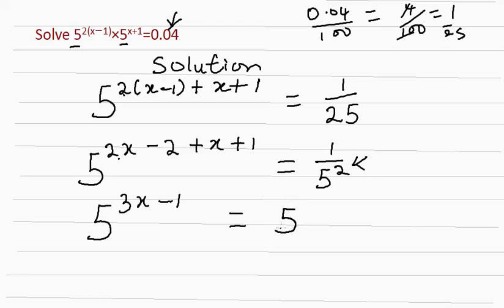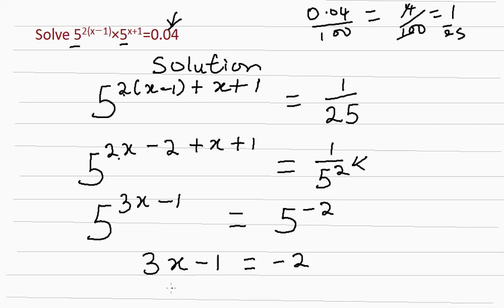If I reverse it, if I bring 5 up, the power becomes minus 2, 5 raised to the power minus 2. That way now, the base can cancel out. I have the same base both sides of the equation. It cancels out, so that I can now equate the powers. This 3x minus 1 is equal to minus 2.